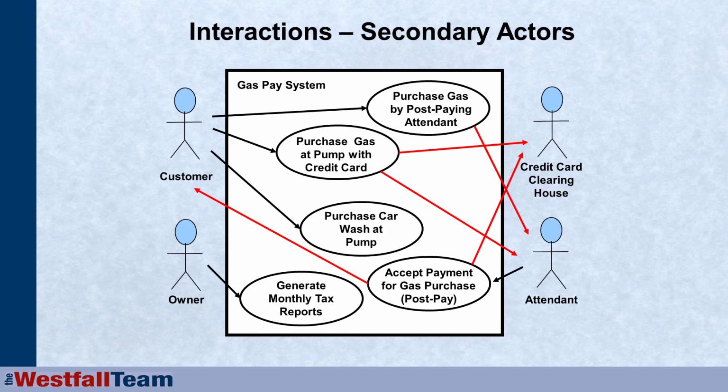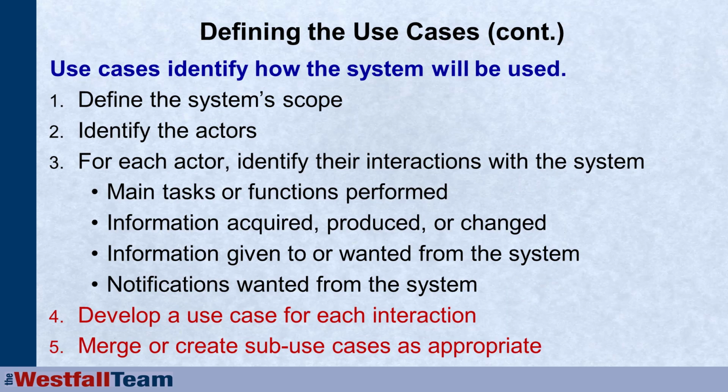So that just gives you a little bit of an introduction to use case diagrams. The last step then in identifying use cases is to develop the actual use case for each of those interactions and to potentially merge them if there's a bunch of little ones that could be considered together, or to even break them apart.